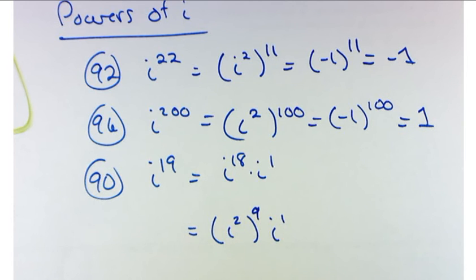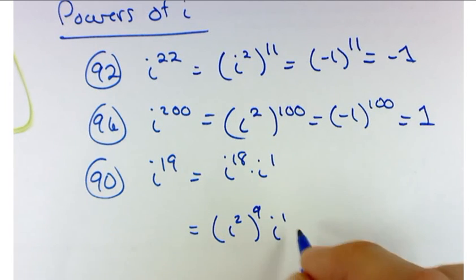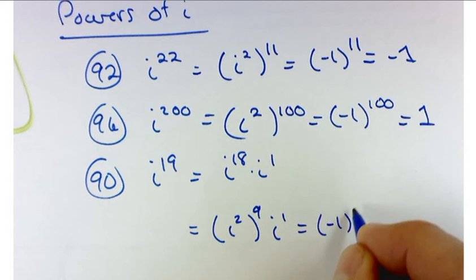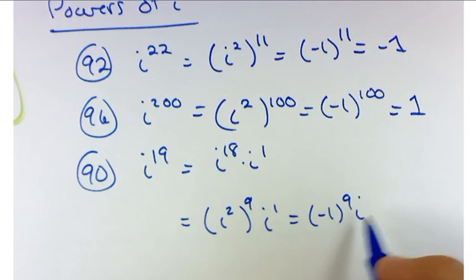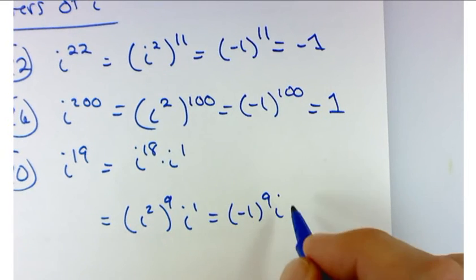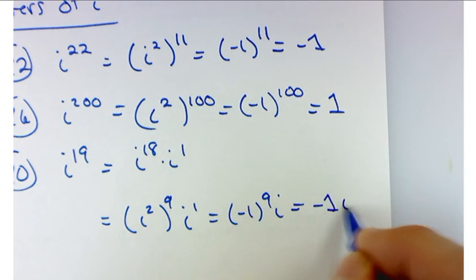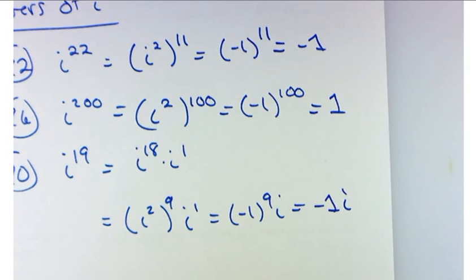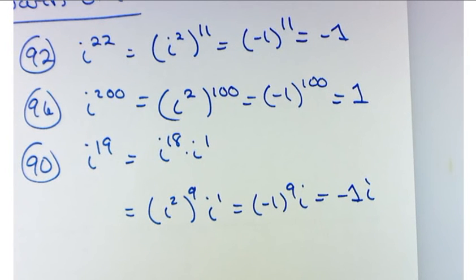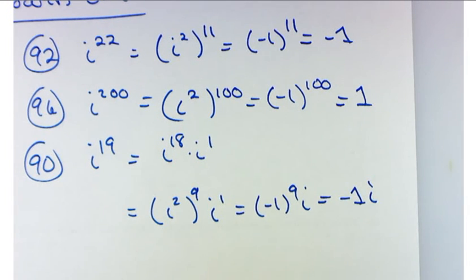Okay. I to the second is -1. -1 to the 9th power is negative. So I'll get -1i, or if you just want to write -i, that's fine too. But the trick here was to just split off that extra unit of I.